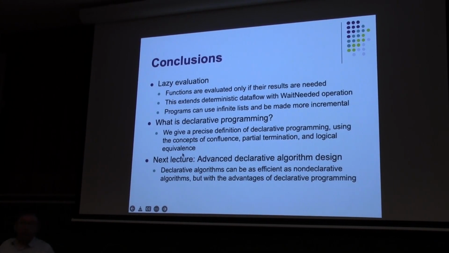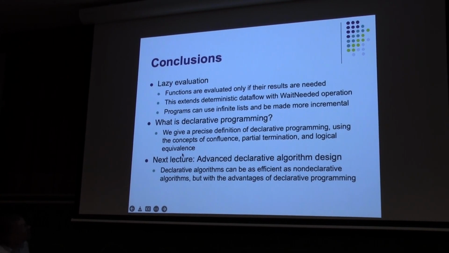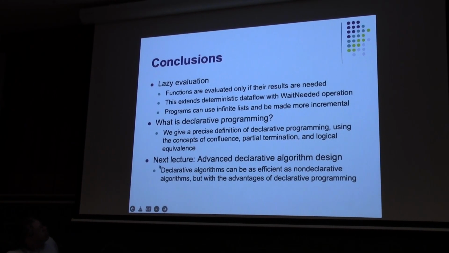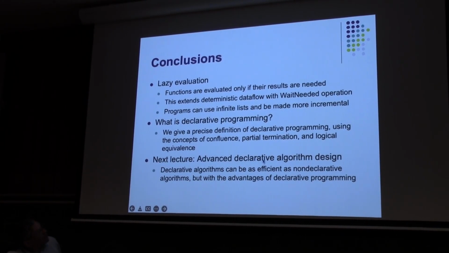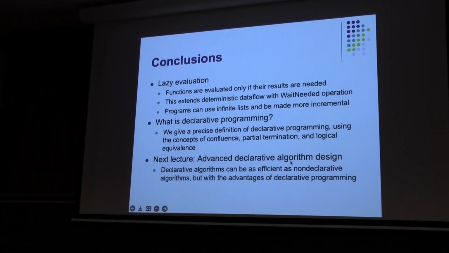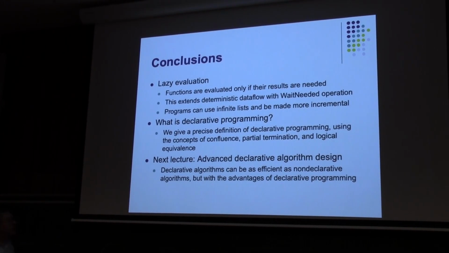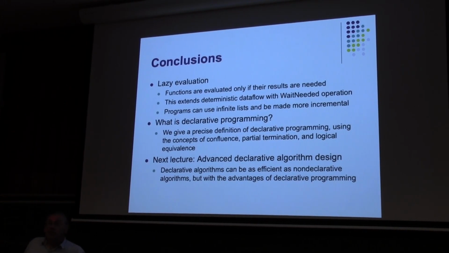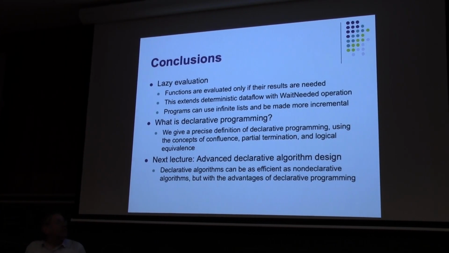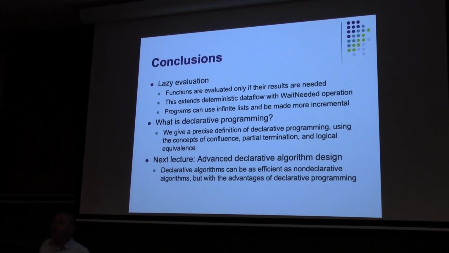So I actually gave you an introduction to first-order logic. And next week, we're going to show advanced algorithm design. I'm going to show you how to make really efficient, smart declarative algorithms, basically using laziness as a very powerful technique for algorithm design.